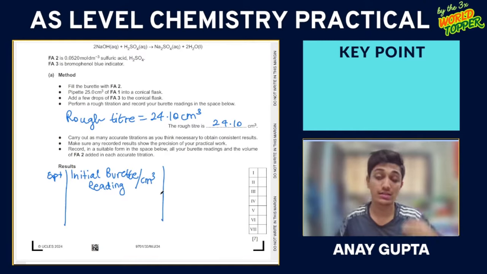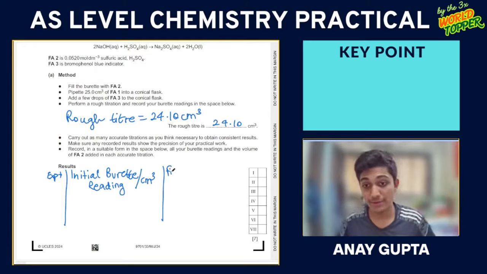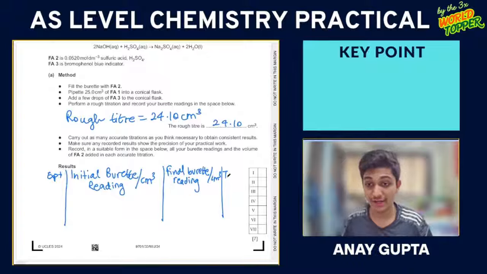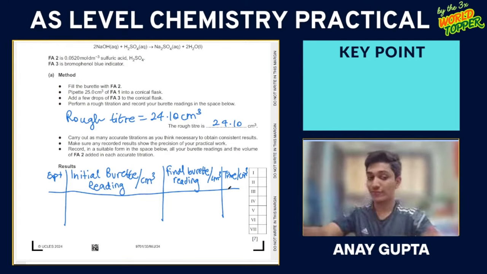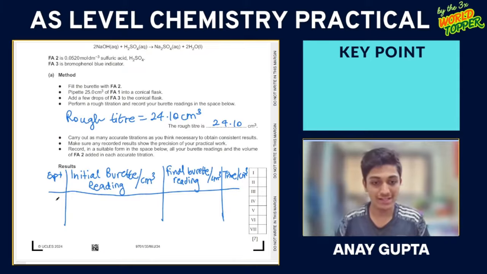The next is our final burette reading. Again, our units are centimeter cube. Guys, units are very important. Forget the units, forget the marks. Then the titer, in centimeter cube. So you need to have a table like this. You can put it into a horizontal format, that's also fine, but I prefer a vertical format. Now I will have experiment number 1, 2, 3.